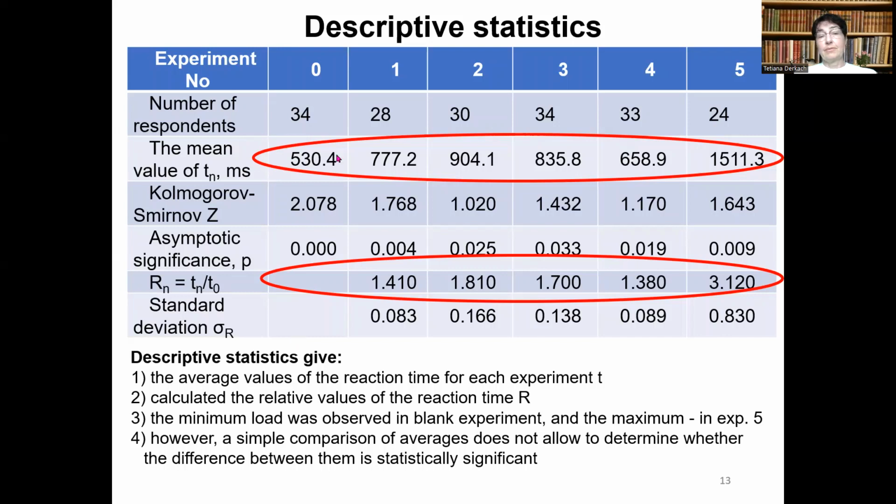Descriptive statistics give the average values of the reaction time for each experiment, T, and the calculated relative values of the reaction time, R. You see the minimum load was observed in the blank experiment and the maximum in experiment number 5. However, a simple comparison of averages doesn't allow us to determine whether the difference between them is statistically significant.